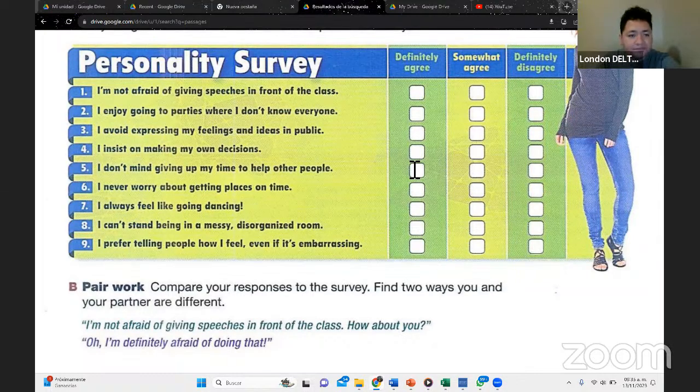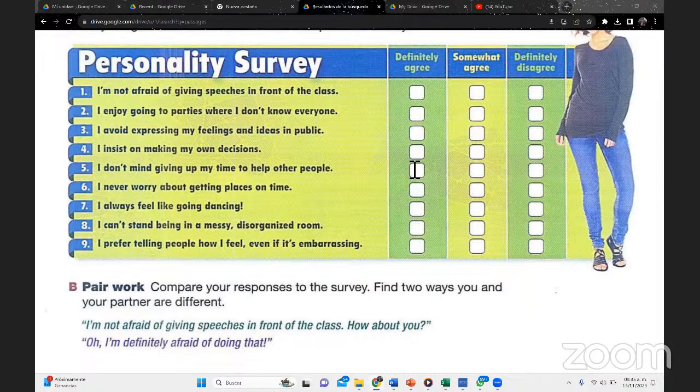Mm-hmm. How about everyone else? Itzel, how do you feel about question 5? I don't mind giving up my time to help other people. Okay, Itzel, please.